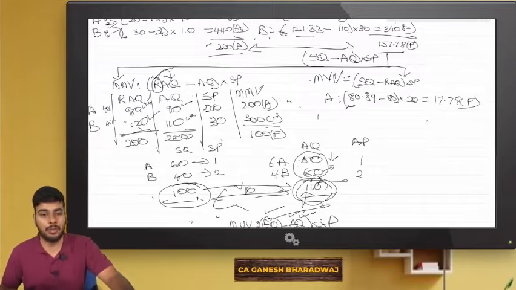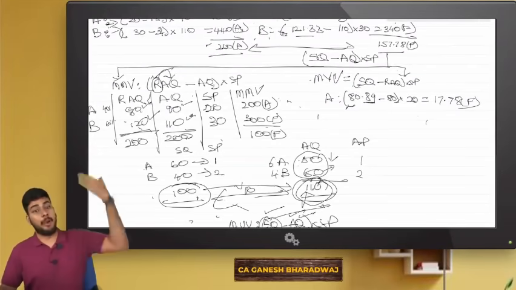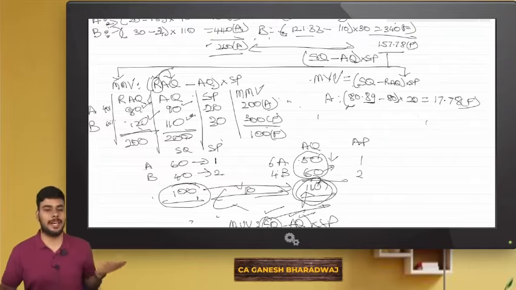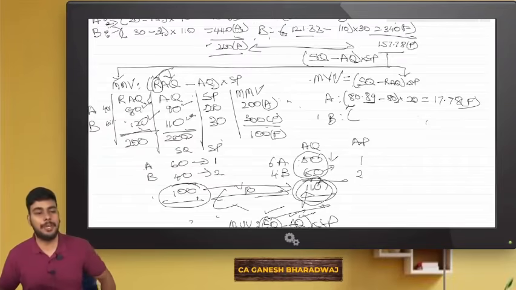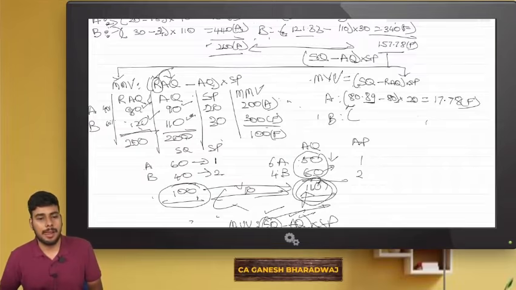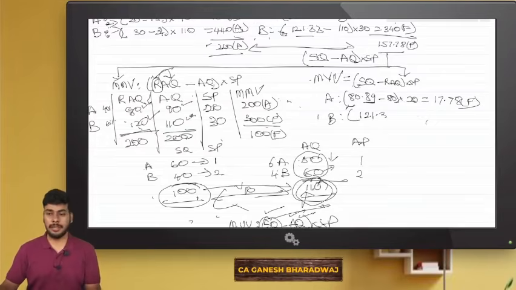You were allowed to use 80.89 kgs. You have used only 80 kgs. Correct or not? Similarly for B. For B, standard quantity is how much? 133 minus 120 into 30.